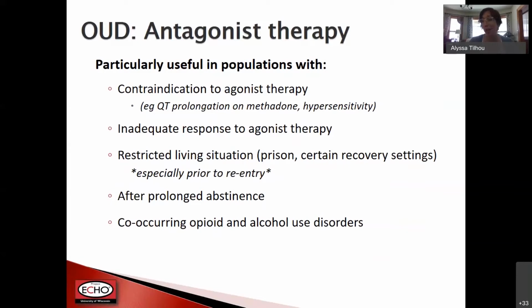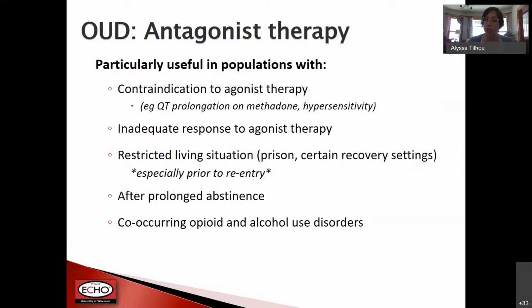Someone who's had an inadequate response to agonist therapy, or someone in a restricted living situation where agonist therapy is not allowed, for example, prison or certain recovery settings, and particularly useful prior to reentry, so before someone leaves a controlled setting. Prescribing and administering IM naltrexone can help minimize risk of overdose after leaving.